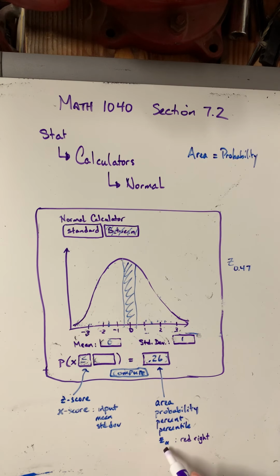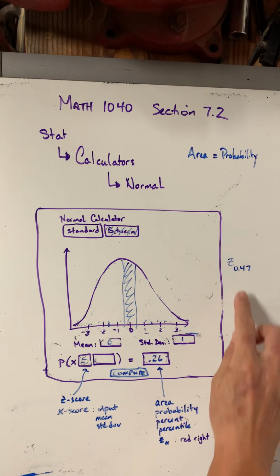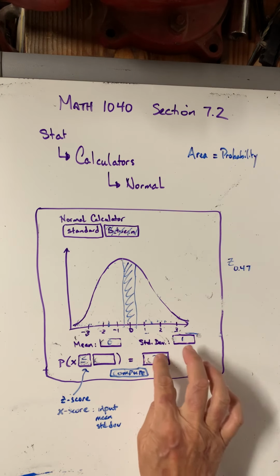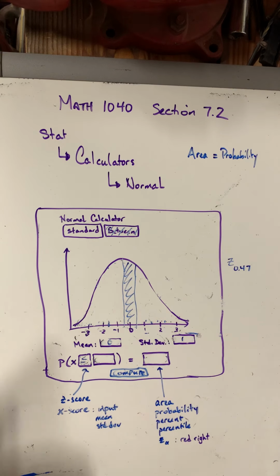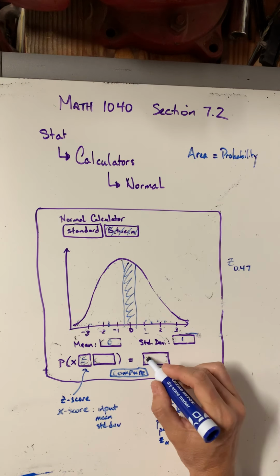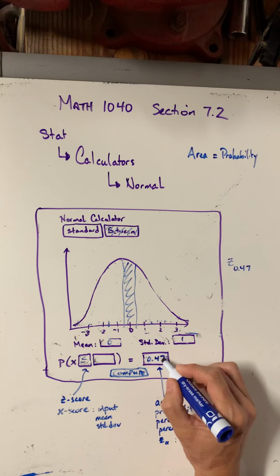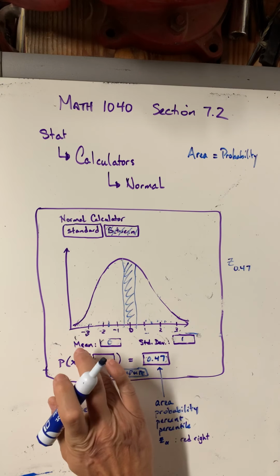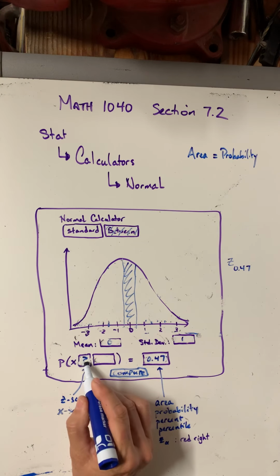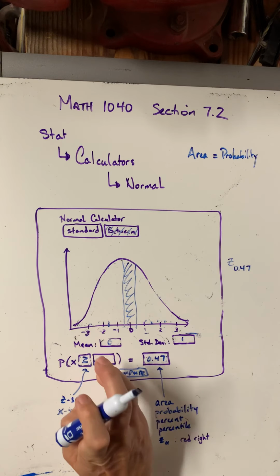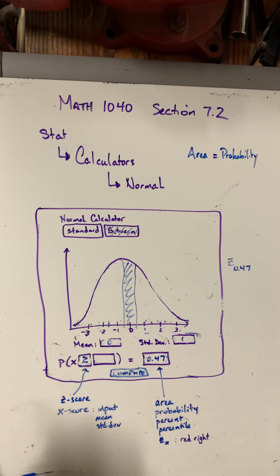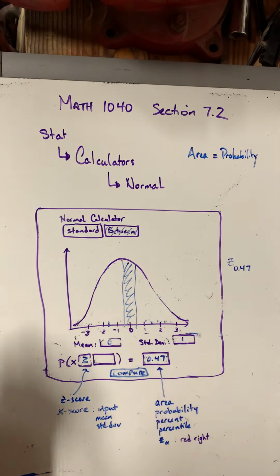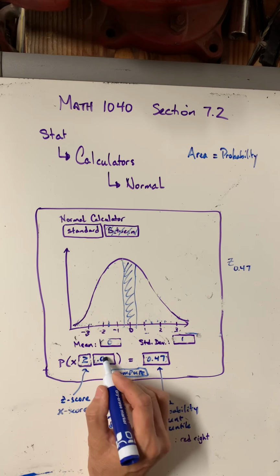And the alpha goes in this box, which is why I put it in this column. So how would I find this? I would put 0.47 in here, and I would make this shaded to the right. And then I'd hit compute, and whatever this answer is, that would be my answer. So in my case, I ended up with 0.08.